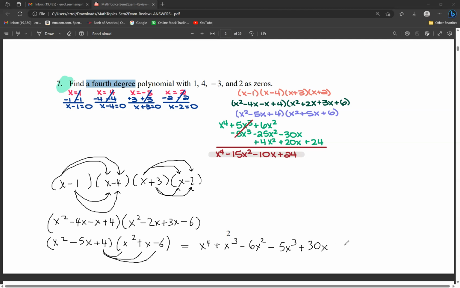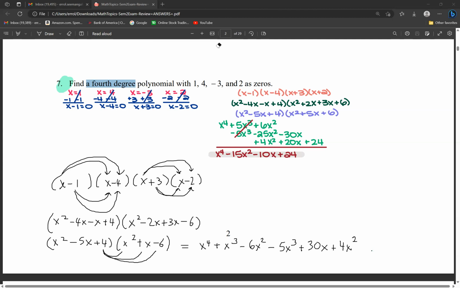It would be 4x². Okay. Two more. 4x. One more. And 24.